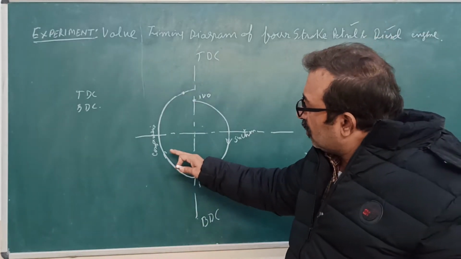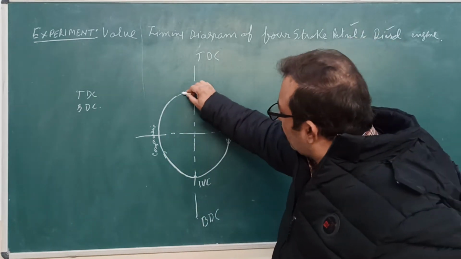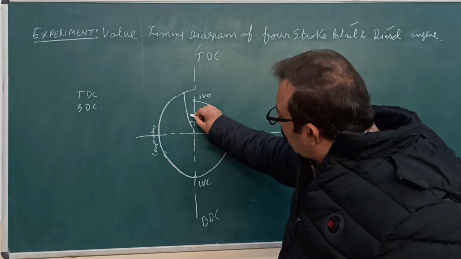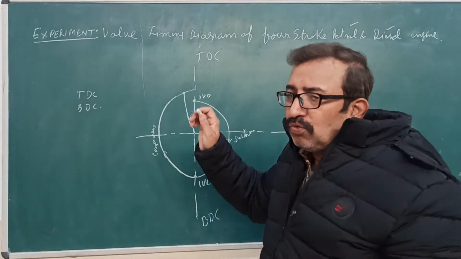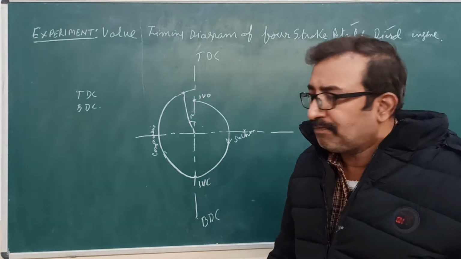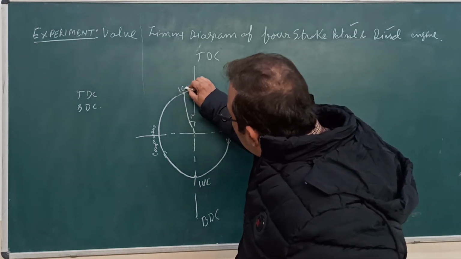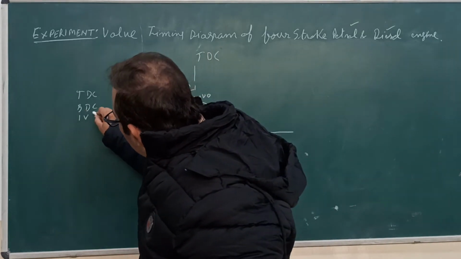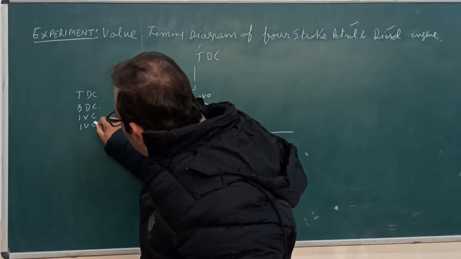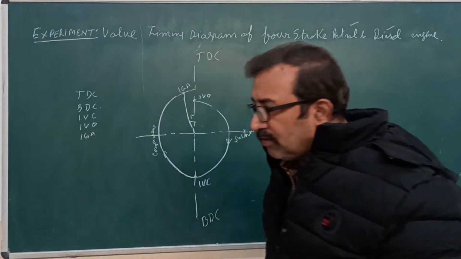After compression stroke, just before the TDC, 10 degree before TDC, we give spark to the air and fuel mixture. It is called ignition advance. Inlet valve closed, inlet valve open, ignition advance.